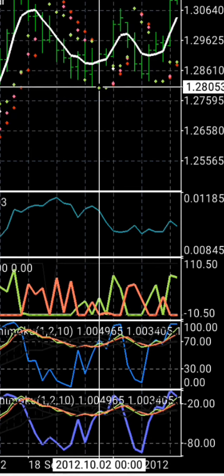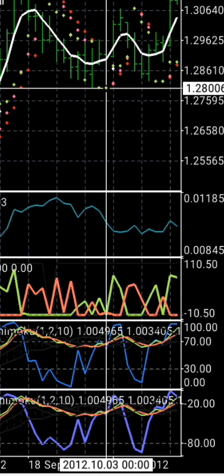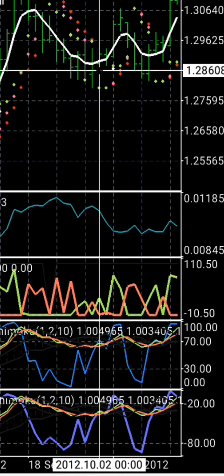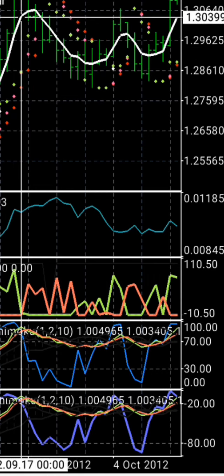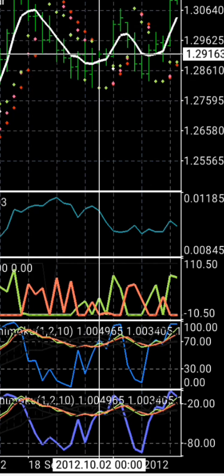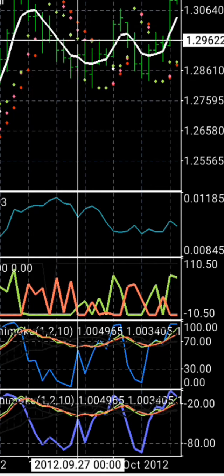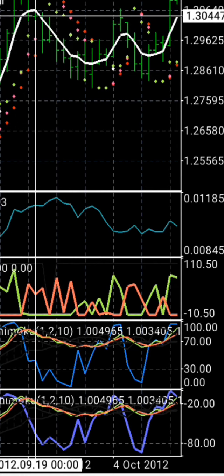How many pips are those? That is exactly here. No, not too perfect, but around 110 pips. 110 pips, not bad.